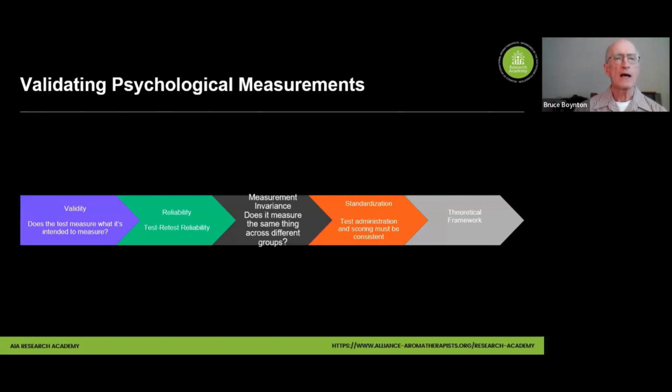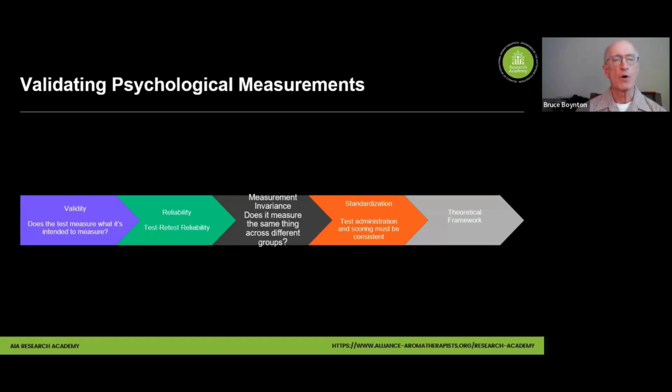Now, how do psychologists go about validating psychological measurements? One is called validity. What validity measures is, does the test measure what it's intended to measure? For instance, does it ask questions about depression or anxiety or whatever you're trying to measure.